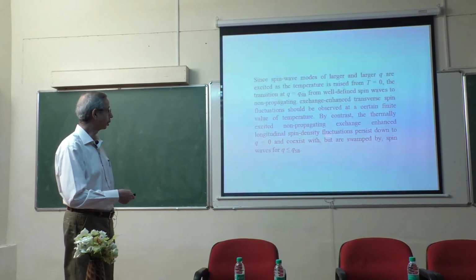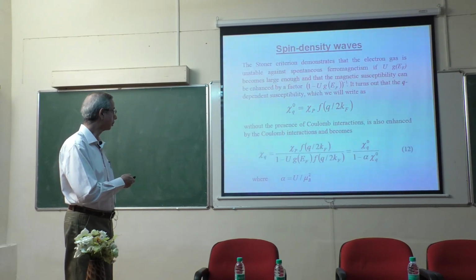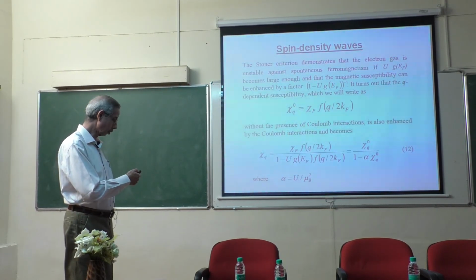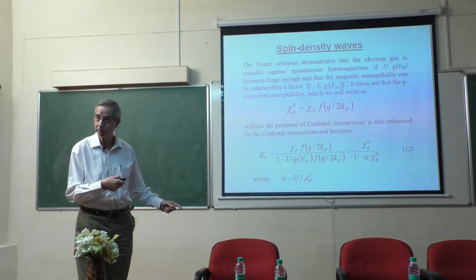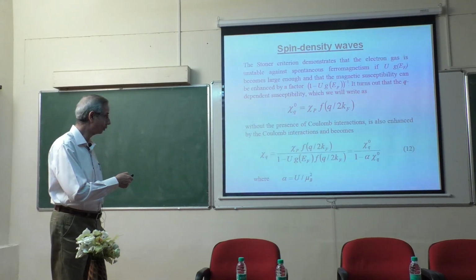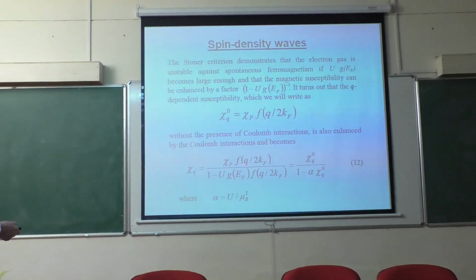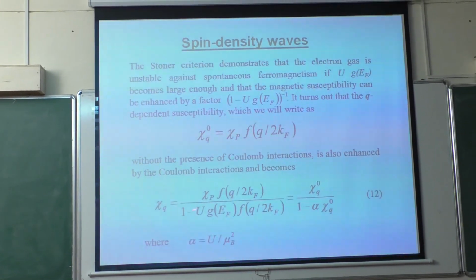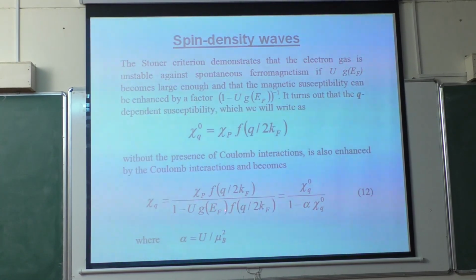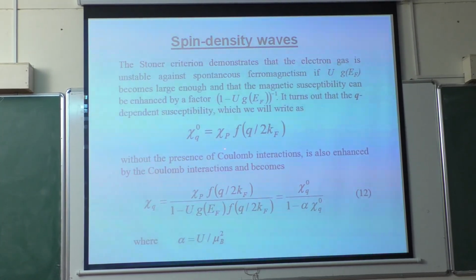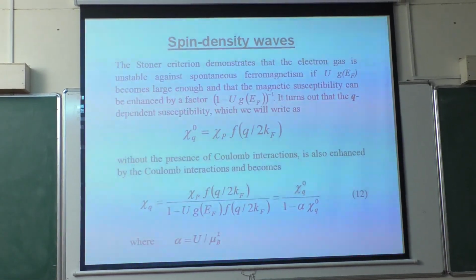Now, in presence of Coulomb interactions, this gets modified the same way as the Pauli susceptibility does. So now this is nothing but this one here, and this gets modified by this factor here, which is this Q dependent factor. Now the Pauli susceptibility, chi p, is nothing but mu B squared into GEF, right?